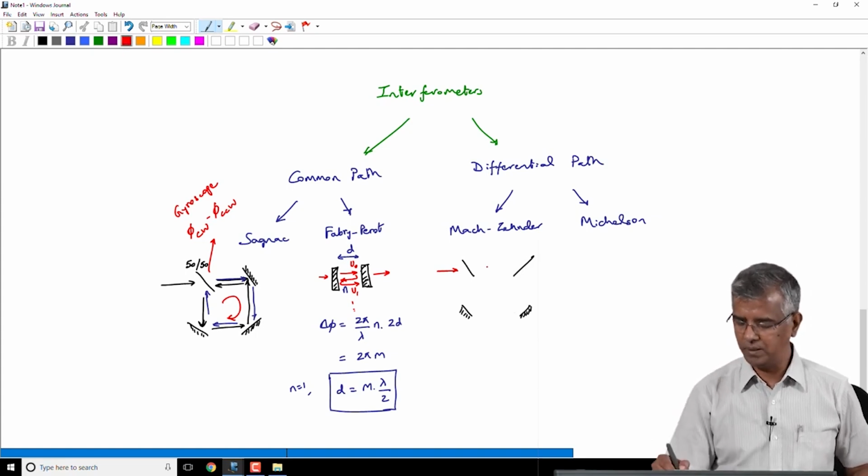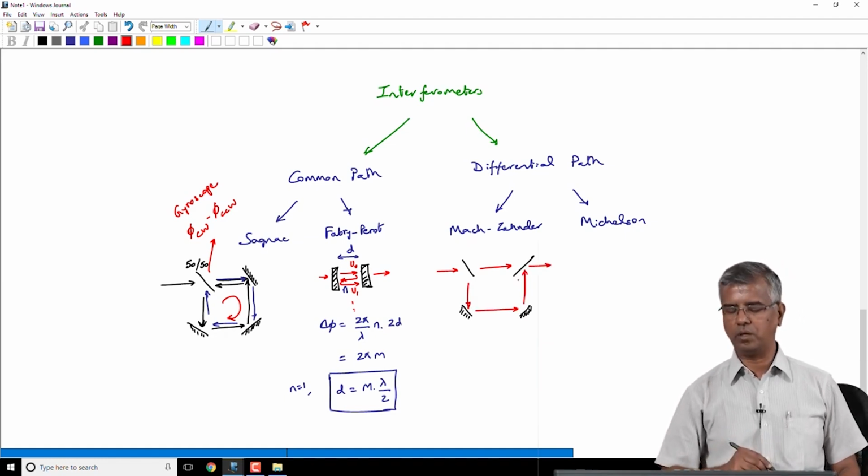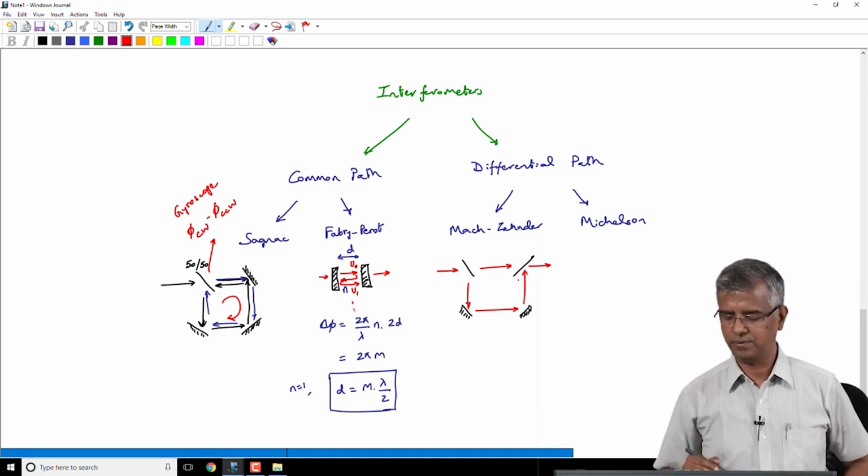So, what happens is, one part of the beam goes this way, the other part goes this way, and both of those interfere, right.